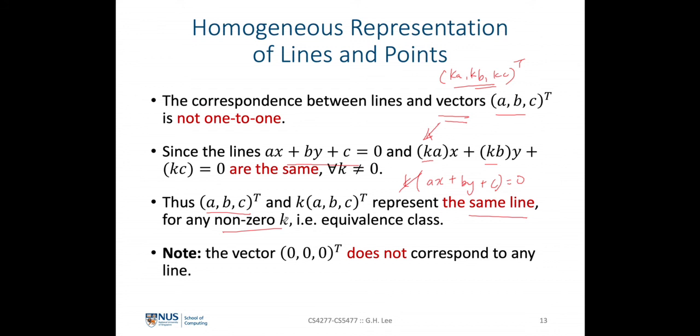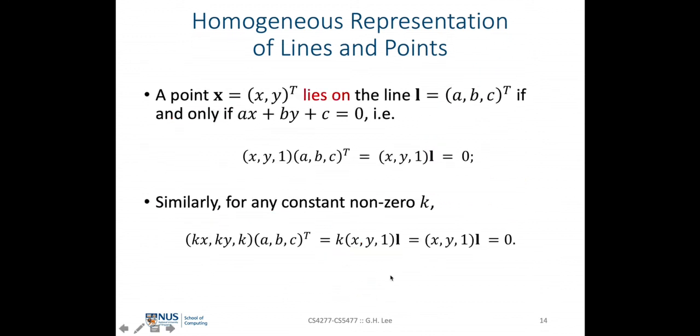And note that the vector of 0, 0, 0, as I've mentioned earlier, when we look at the diagram that represents the projective space, does not correspond to any line, neither does it correspond to any point at all. So this is what we call the singular point, where it doesn't represent anything at all in the homogeneous coordinate.